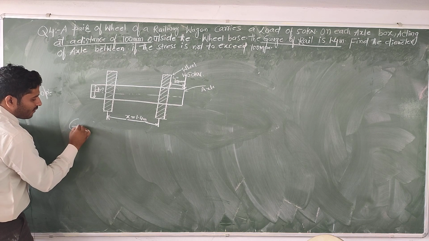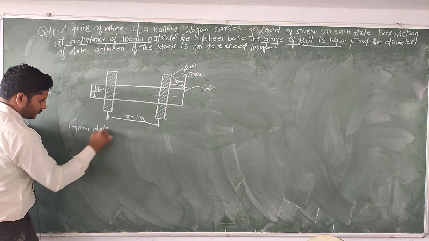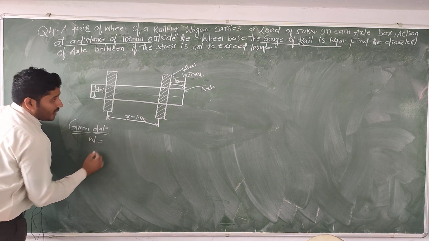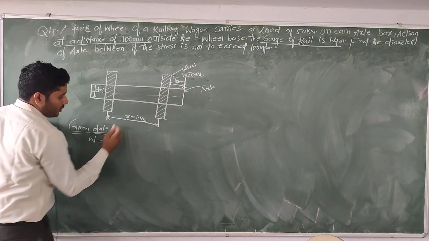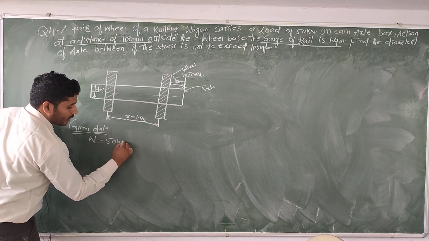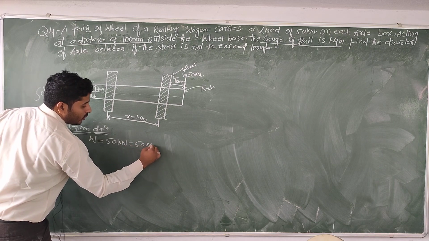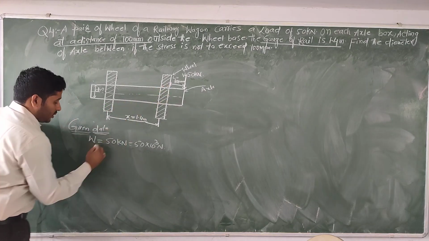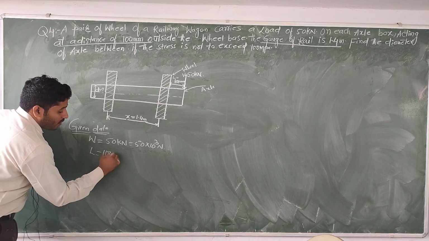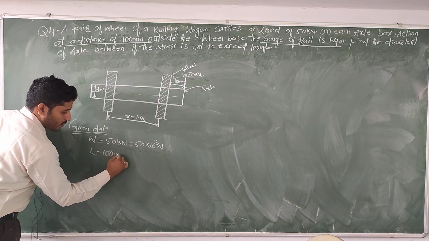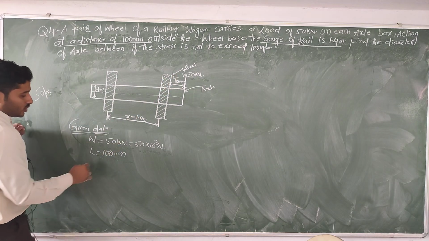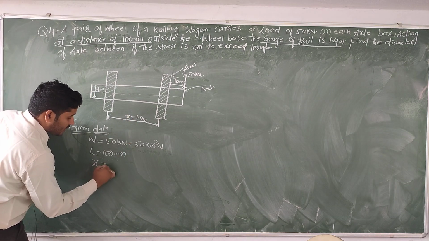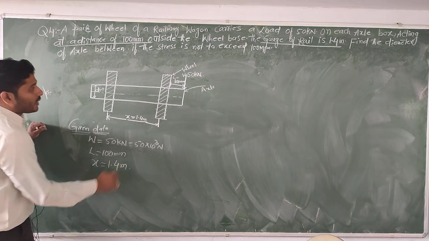So I will write the given data. The load acting outside the wheel is 50 kilonewton, 50 into 10 power of 3 Newton, and the length is given as 100 mm outside the wheel, and the distance x is equal to 1.4 meter.